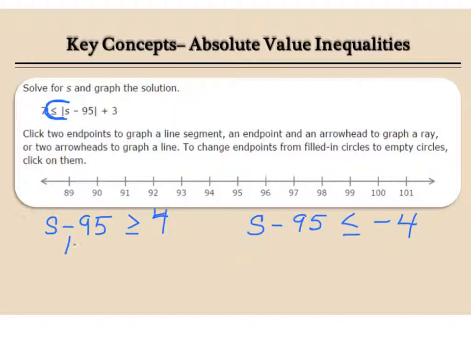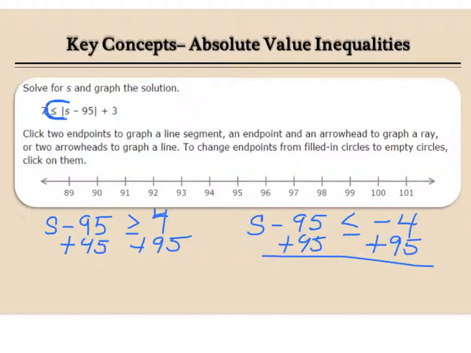Which means I'm going to add 95 to both sides. And I end up with s is greater than or equal to 99, and s is less than or equal to 91.